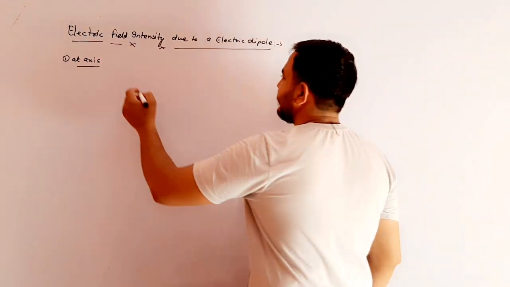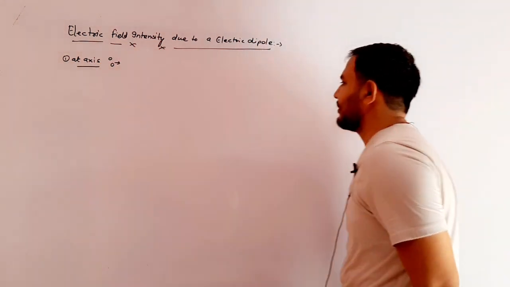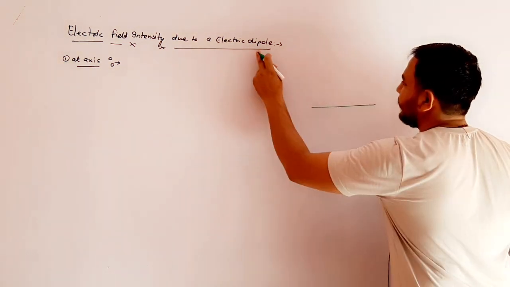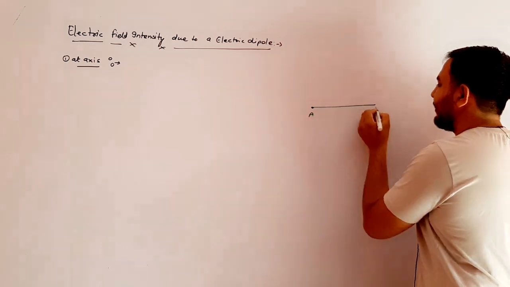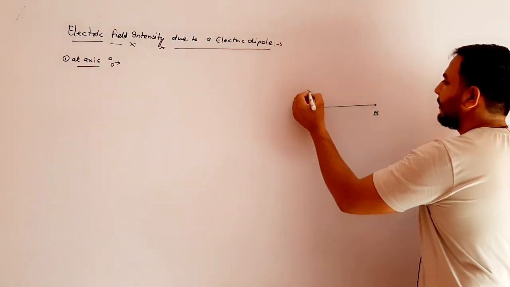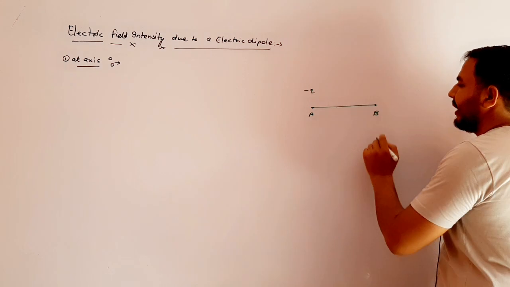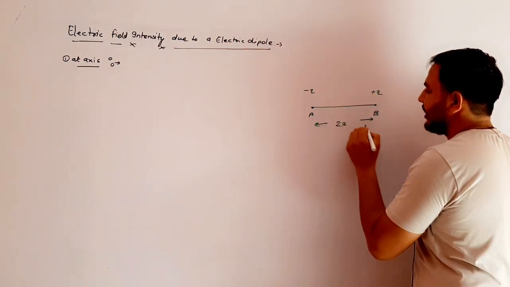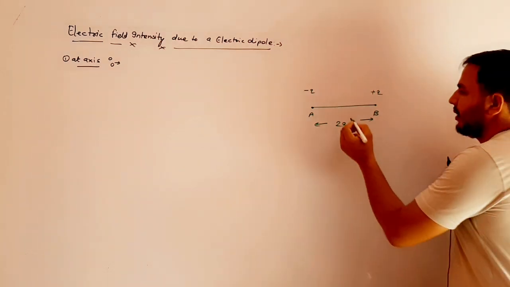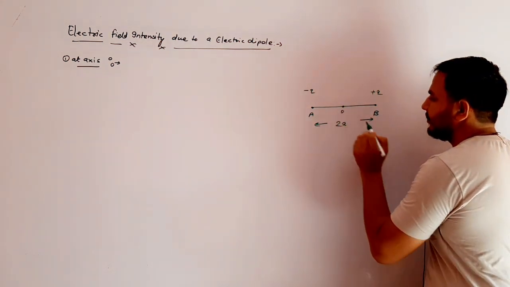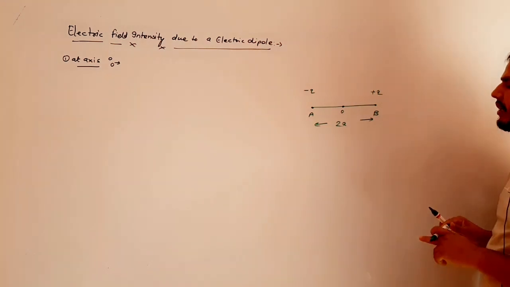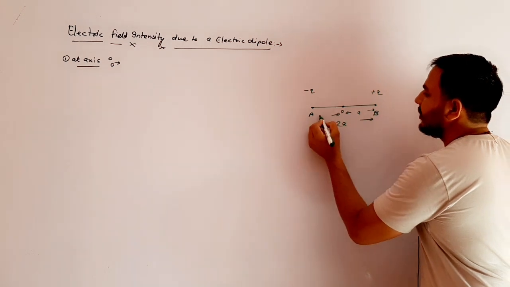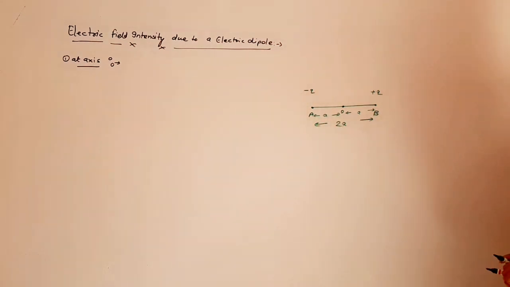Then at the axis we take firstly an electric dipole A, B, here -q is put on the A, +q is put on the B. Distance between them is 2a. This is the center, which is represented by O. Here this distance is a, this distance is a.